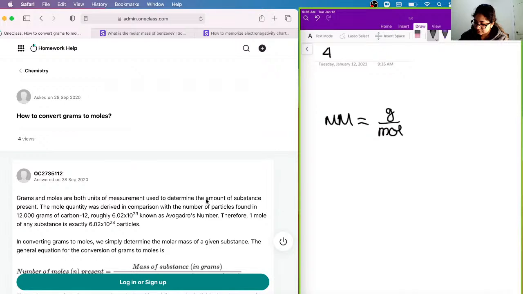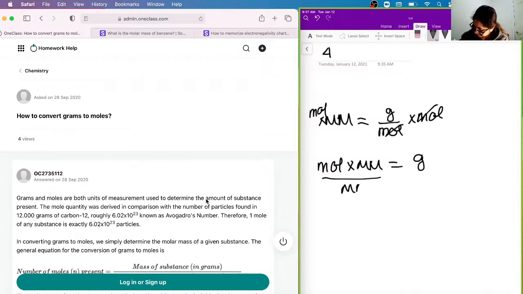To convert to moles, we move the moles to the other side first, then divide both sides by M, our molar mass, and you get moles is equal to grams over molar mass. That's how you get moles.